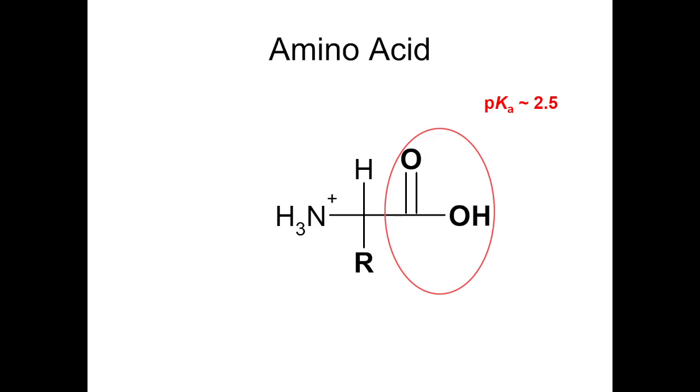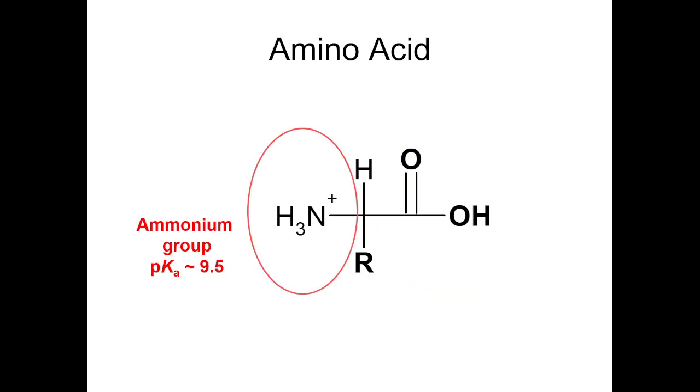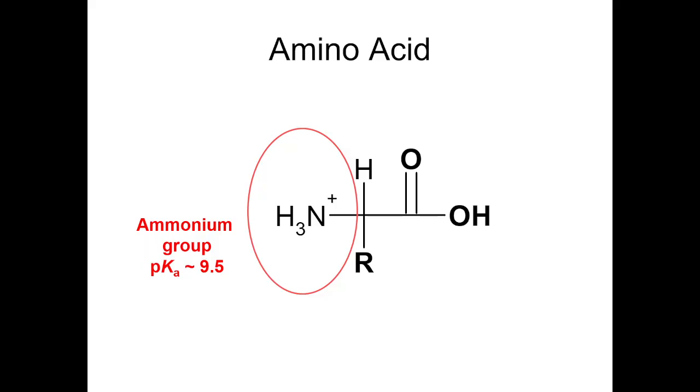If pH is above 2.5, it's going to lose its proton to the solution. Anybody have any questions about that so far? So essentially, in all pH ranges between 2.5 and 9.5, you're going to have the zwitterion as your predominant species. As you move closer to one of those points, you're going to start having it either take on a proton in the carboxylic acid or lose the proton from the amine, well, ammonium salt in that case.